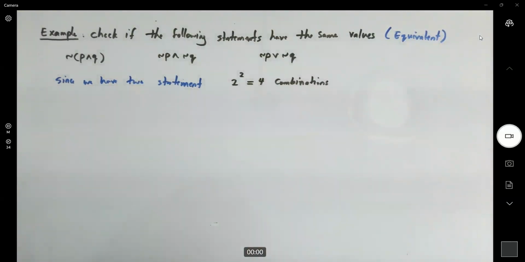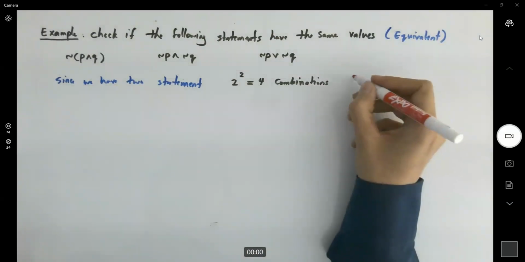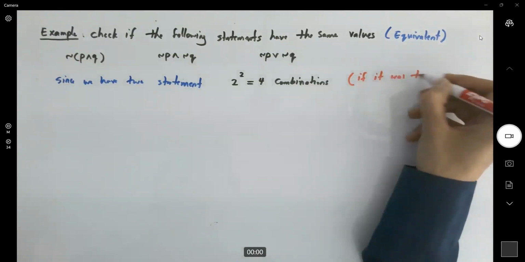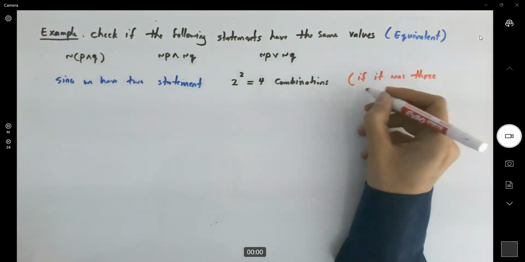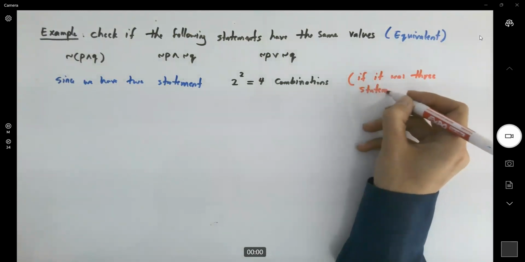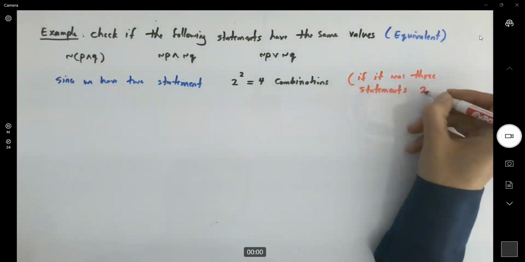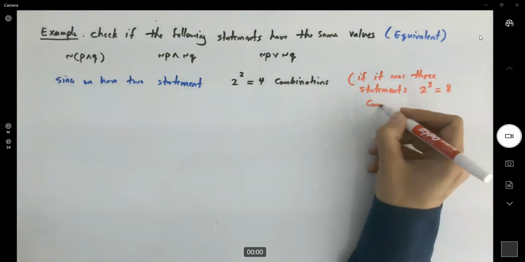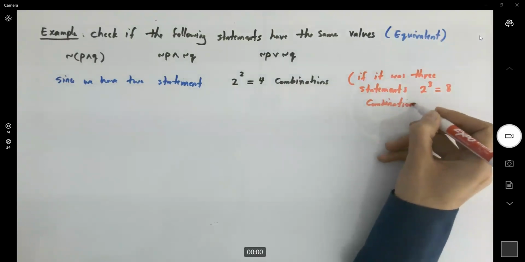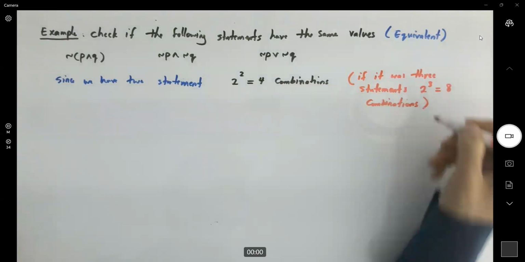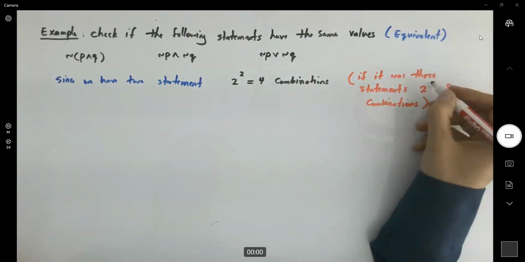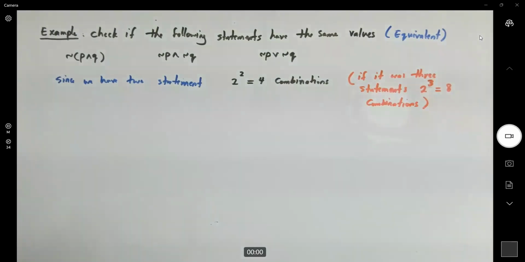So guys, if in future examples you have 3 statements, you get 2 to the third, or 8 combinations. It means that we have 8 rows. Just be careful. Okay, so let us begin.